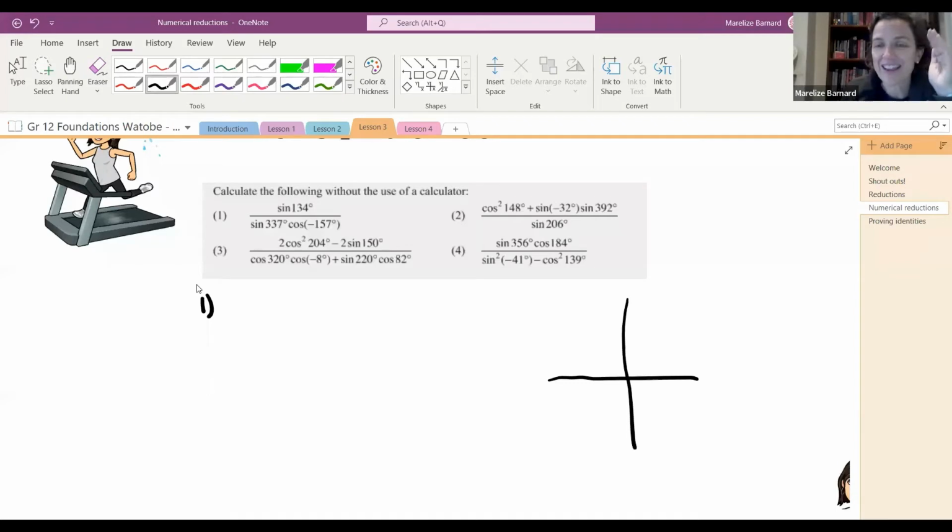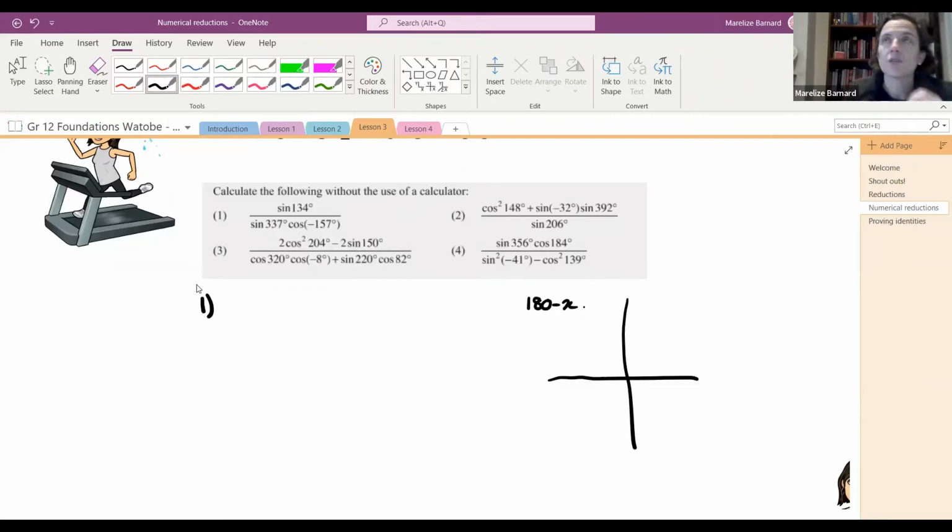Imagine that is straight, but this is my first quadrant, my second quadrant. So 134 is in the second quadrant. The second quadrant is the 180 minus x quadrant. In other words, what must I subtract from 180 to get 134? So that you can just quickly do on your calculator, and that gives you 46.